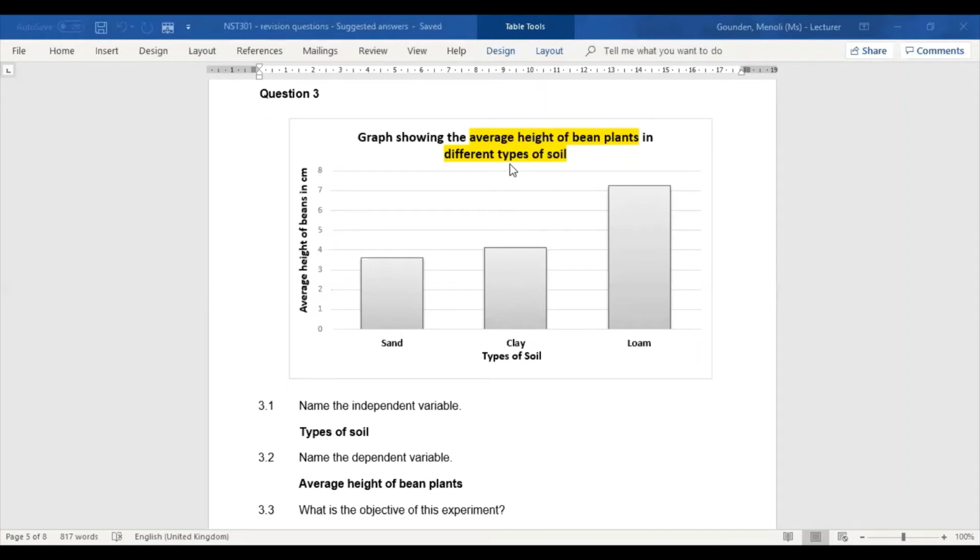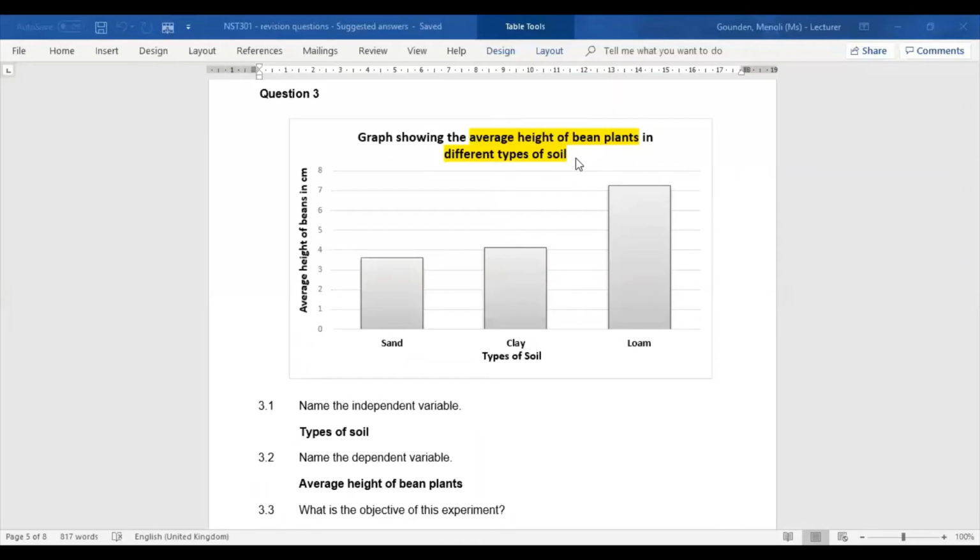Now, if you want to consider, you can look at this in 2 ways. Which of these 2 variables will the investigator be able to control and change? And if you think about it, we can only choose to plant plants, in this case a bean plant, in the different type of soil. So different type of soil becomes our independent variable.